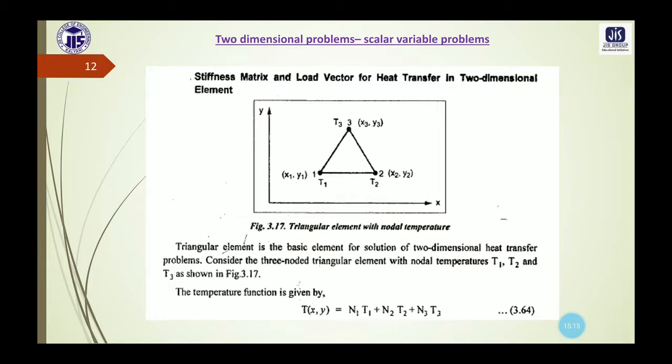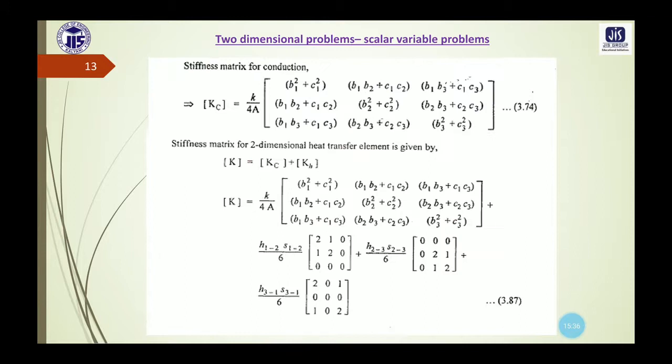Consider such a three-nodal triangular element with nodal temperatures T1, T2 and T3, as shown in diagram 3.17. At the nodes 1, 2 and 3, the nodal temperatures are T1, T2 and T3. The temperature function T(x,y) is given as N1 T1 plus N2 T2 plus N3 T3.